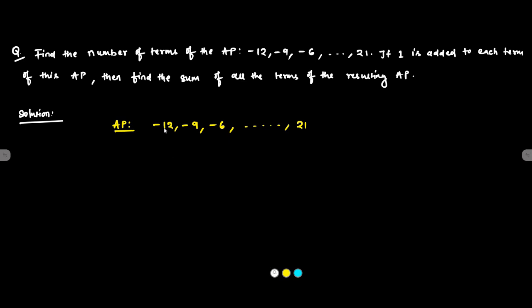Okay, here minus 12 is the first term, and we have the common difference, that is equal to minus 9 minus (minus 12), so it is equal to 3. The common difference is equal to 3. Now here the last term is equal to 21.